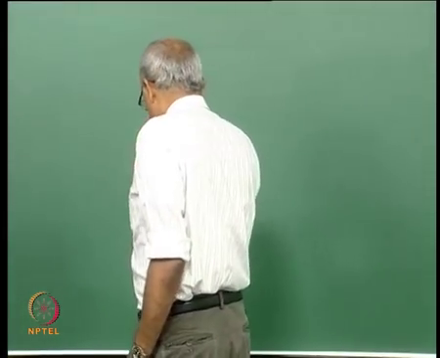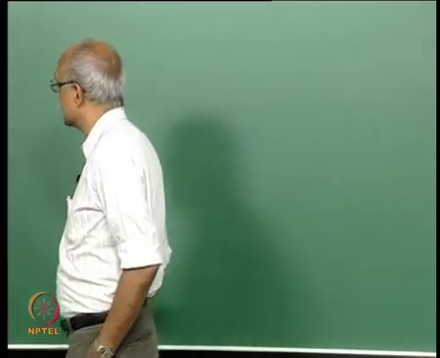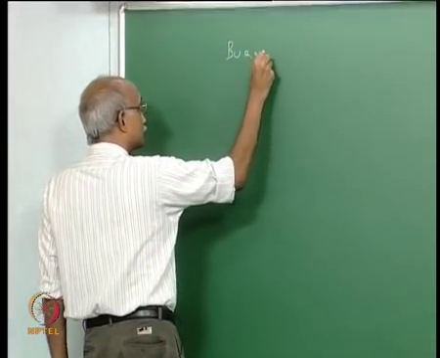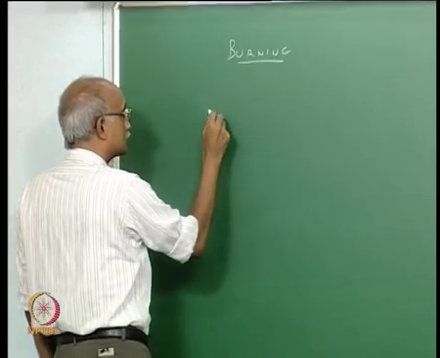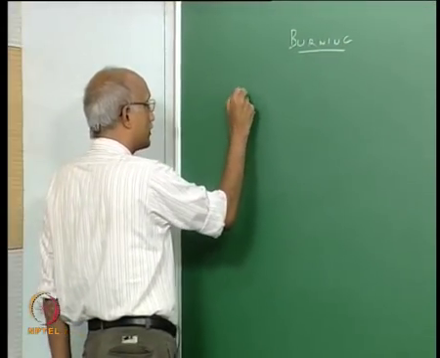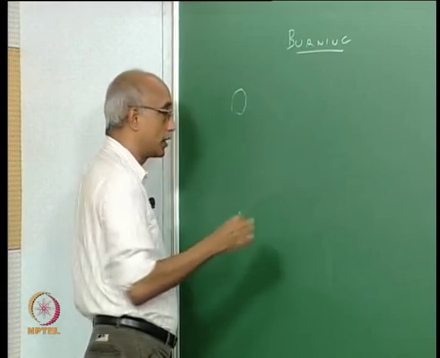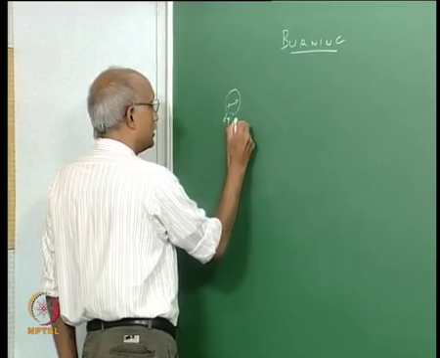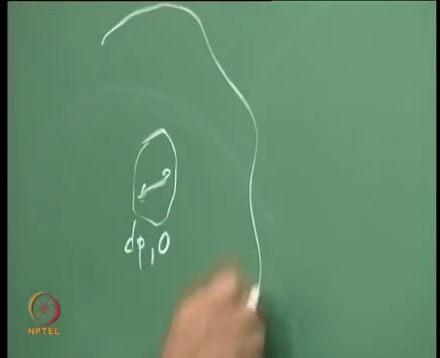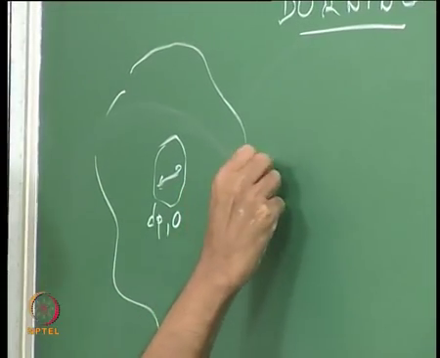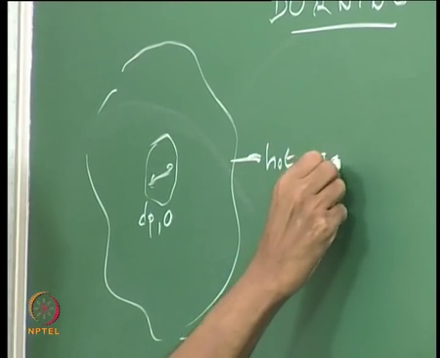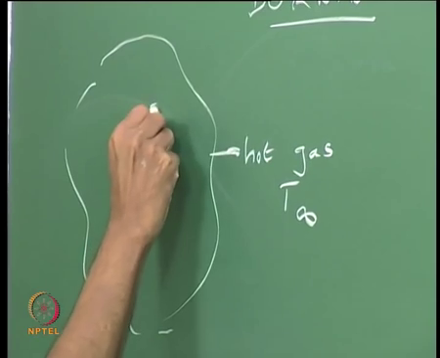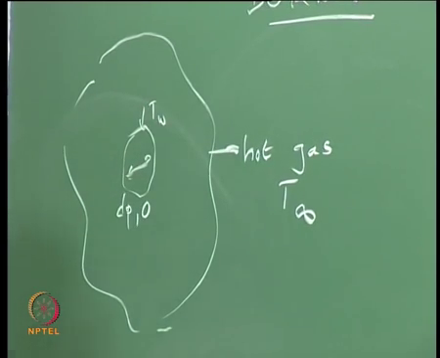Now, when we look at burning of droplets, we consider a situation where you have a droplet or a particle of some initial diameter dp0, which is surrounded by a hot gas, let us say of temperature T infinity, and the temperature of the droplet is some Tw.